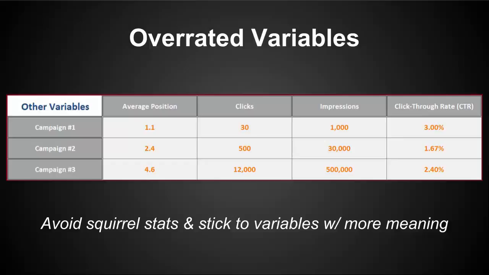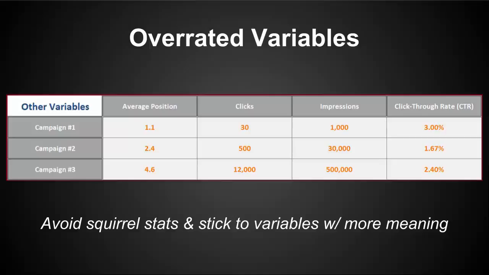Example number 1 has 30 clicks and example number 3 has 12,000 clicks. You're going to have more statistically significant data in campaign number 3 than in campaign number 1. Whether or not that data is good or bad is going to be up to the other variables, but that's what clicks tell you in a campaign. But again, by themselves they do not tell you anything about the performance of that campaign.